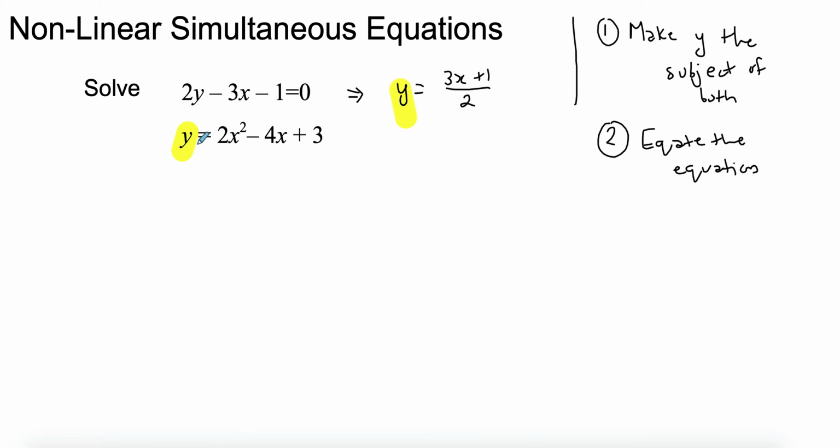If y is equal to this and y is equal to that, then these two should be equal to each other. That's the next step. Once you've made y the subject, you're going to make these two equal to each other, because this is y and this is y, so they should be the same.